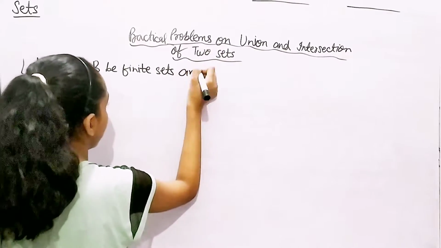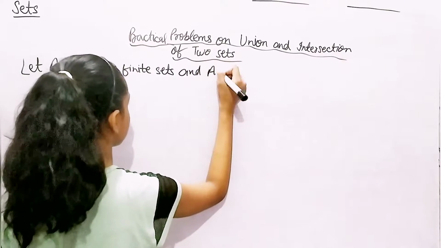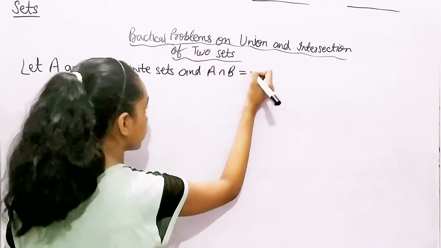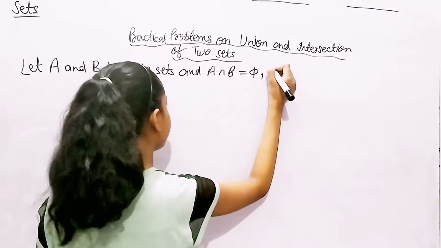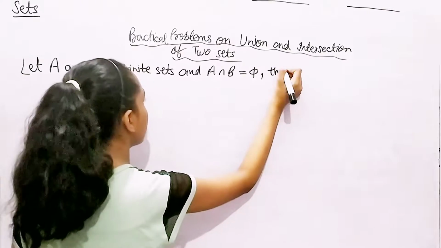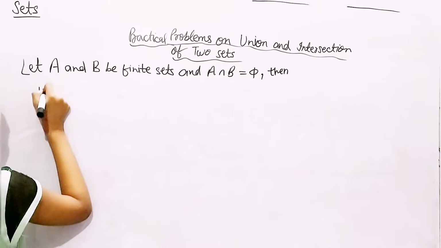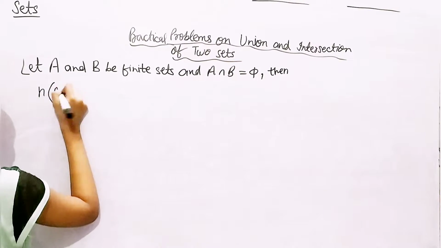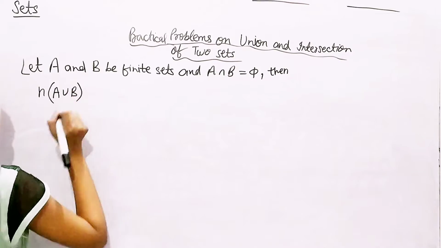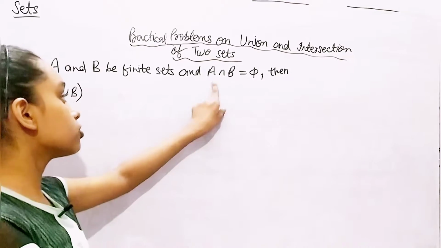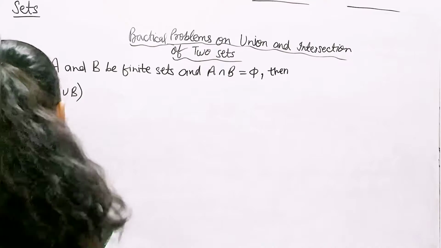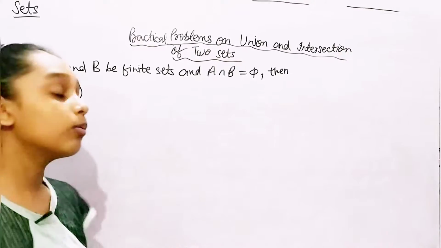And there's one condition, that A intersection B is equal to phi. Then what are we going to do? We have to find the number of elements in A union B. So A intersection B is equal to phi, but A union B is equal to what? We don't know about it.